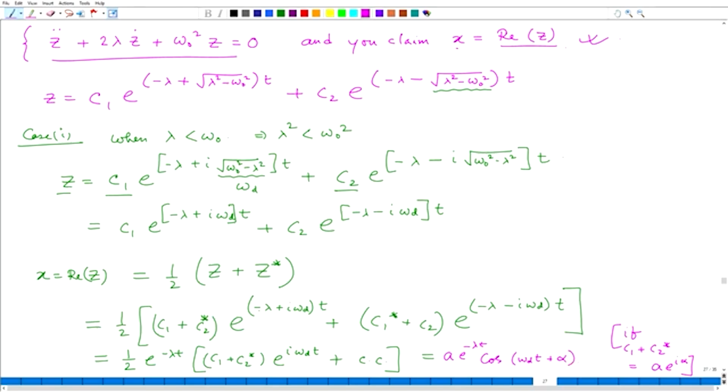So, what I am suggesting is that you first write this thing and then write the other one. What will be the complex conjugate?